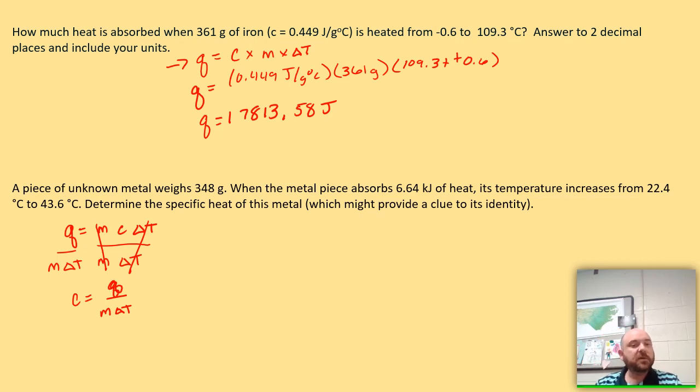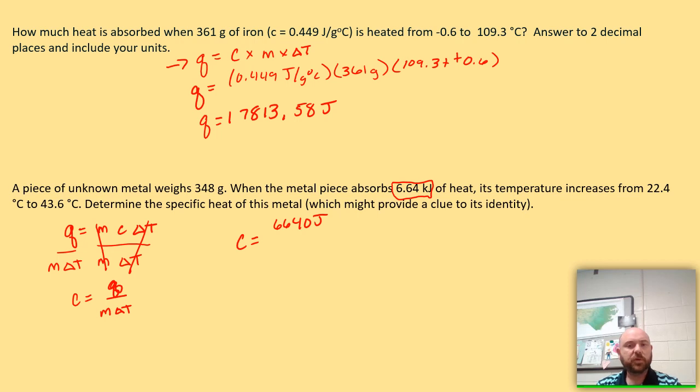All right, so we can see that if we put Q and divide it by the mass times the change in temperature, that should tell us the specific heat capacity of our material. So C equals, we take a step back here, notice that our 6.64 kilojoules is not quite in the right unit. These equations are rated for joules, so we want to make sure that all of our units match. 6.64 kilojoules is equal to 6,640 joules, because we know that a kilo of anything has 1,000 of that thing.